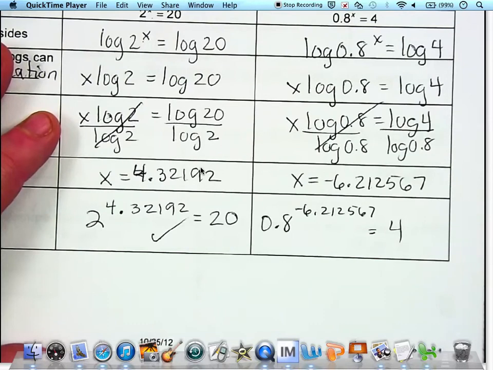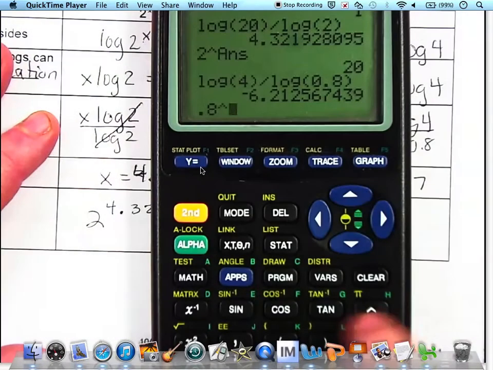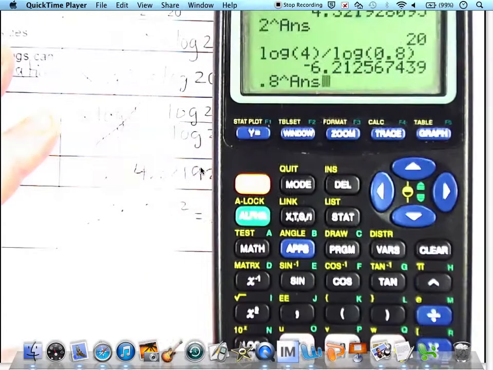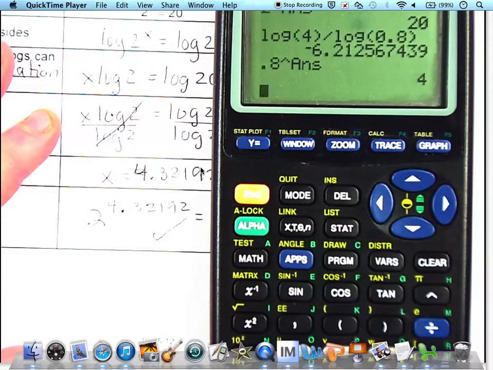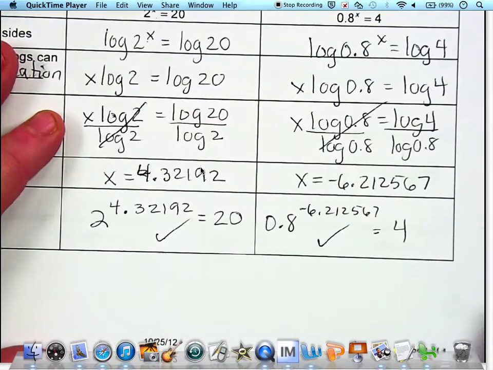Let's see if 0.8 to that gives 4. I got 4. It worked. I got 4, you got 3.99999. Okay. You used the rounded.